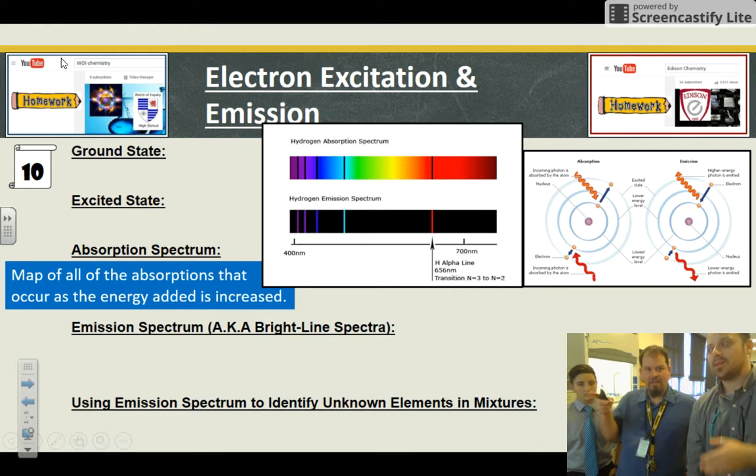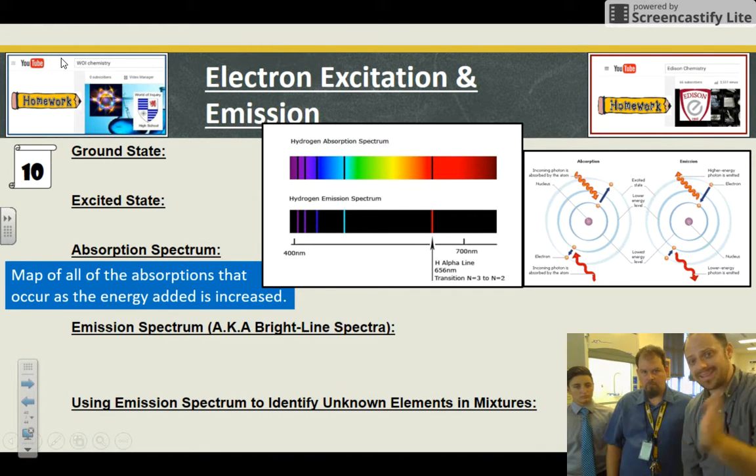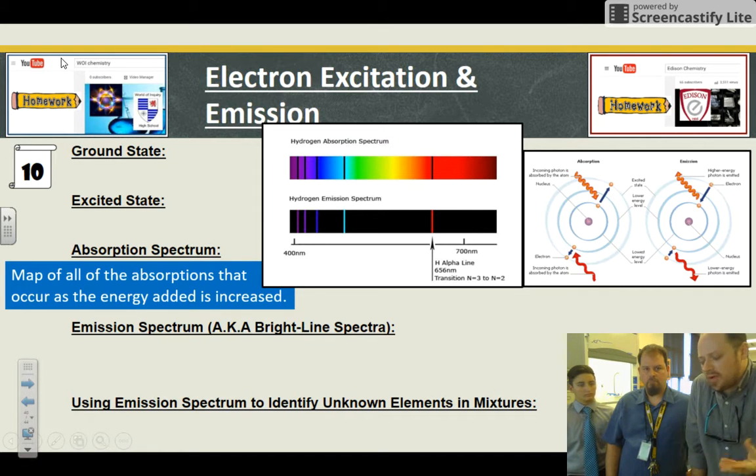Where those black lines are, we call that the absorption spectrum. The lines that are missing are the specific wavelengths in nanometers of the light that element is absorbing as its electrons jump up to the next energy level. You can't see that light because it's going into moving an electron from one spot to the other.